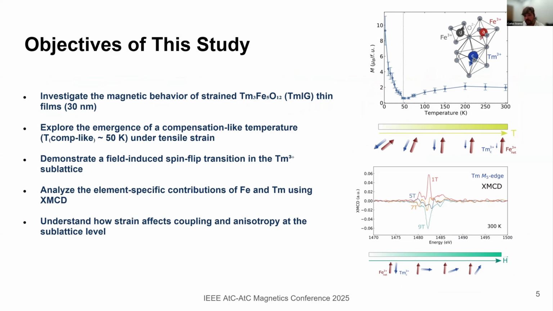It's not observed in bulk, so it's a very interesting phenomenon to understand. We demonstrate the field-induced spin flip transition in the sublattices. We analyze the element-specific contribution of iron and thulium using X-ray magnetic circular dichroism. It's a technique that makes it possible to understand the effect of the coupling on the anisotropy at the sublattice level.